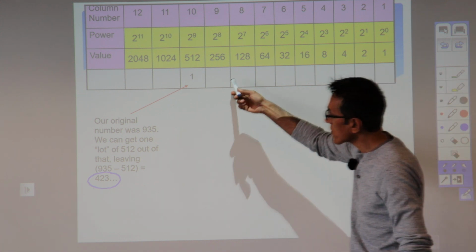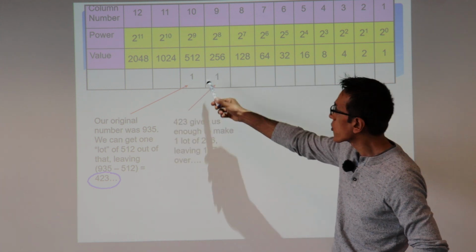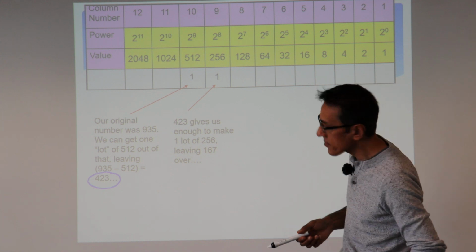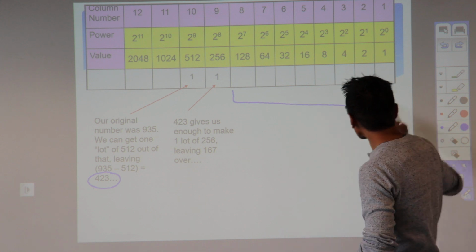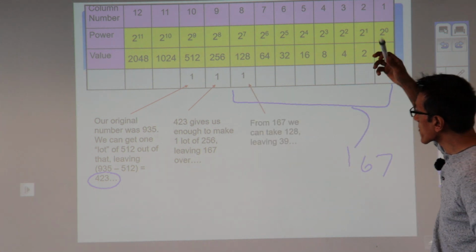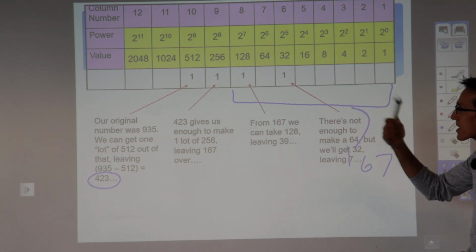The next number, 256, is less than 423, therefore I need one of these 256s. So 423 minus 256 gives me 167. The remaining bits will be used to represent 167. We keep going from 167, we can have a 128, do the subtraction, leaves 39.